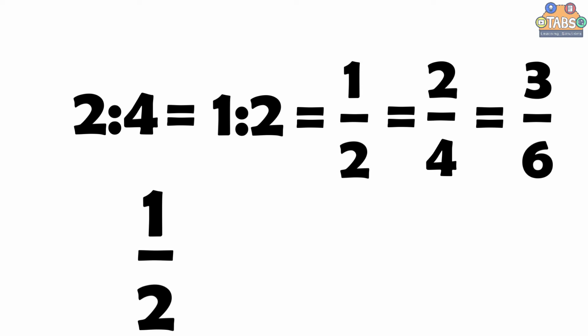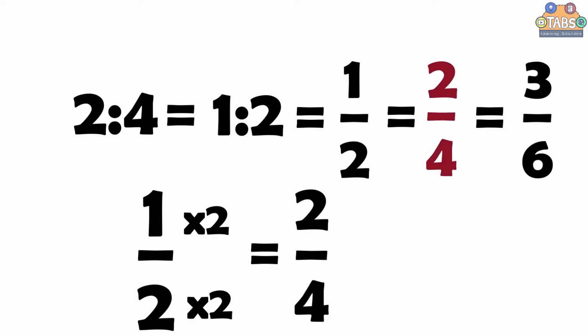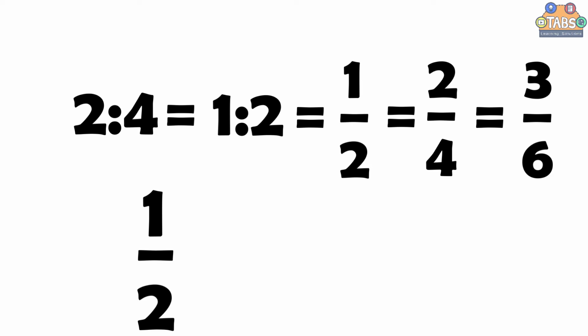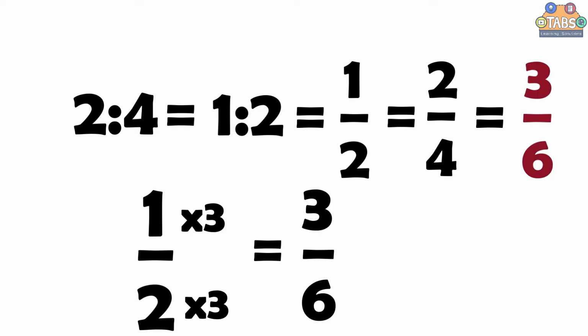We can multiply any numbers to the given ratio like 1/2. Multiply both numbers by 2 and it will give 2/4.